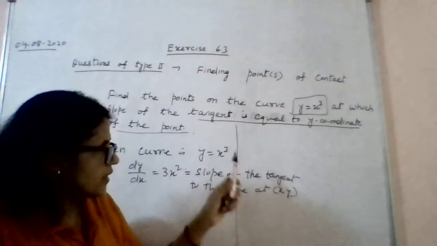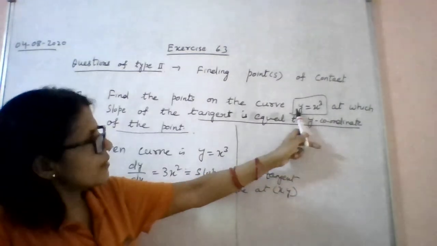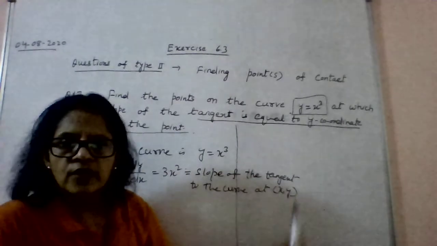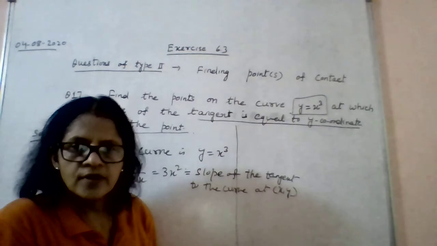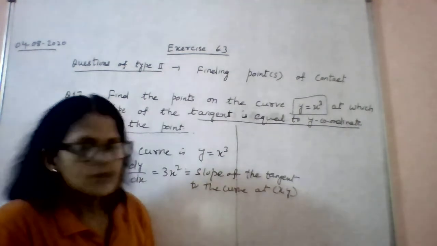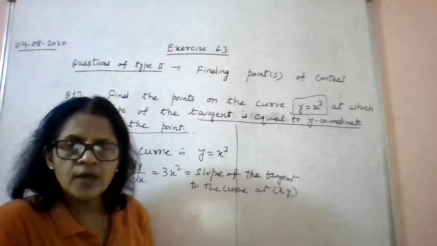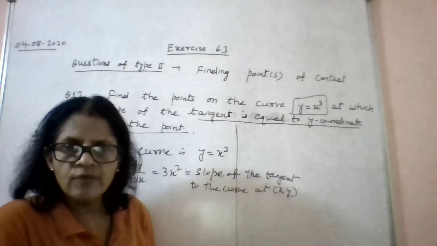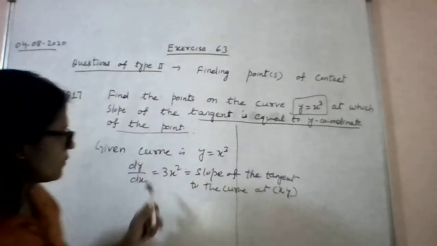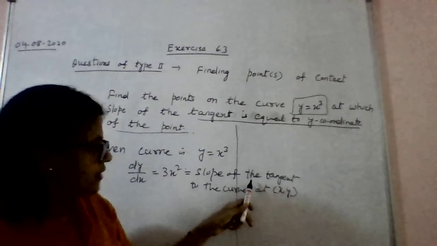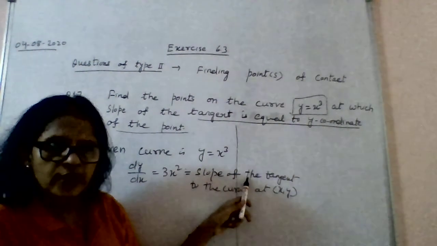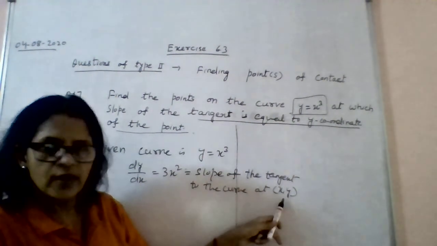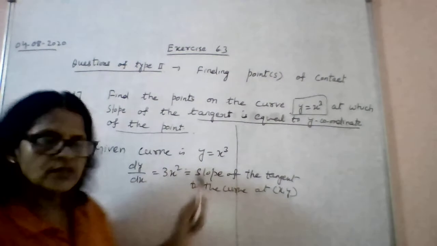Then we are given slope of the tangent equal to the y coordinate. Whenever you say y equal to x cube, if the point is (alpha, beta) for example, the relation between alpha and beta should be that the y coordinate equals the cube of the x coordinate. So the slope of the tangent at any point (x, y) is 3x square.